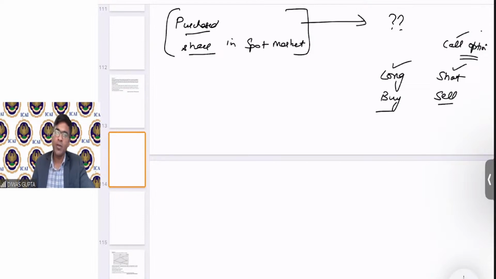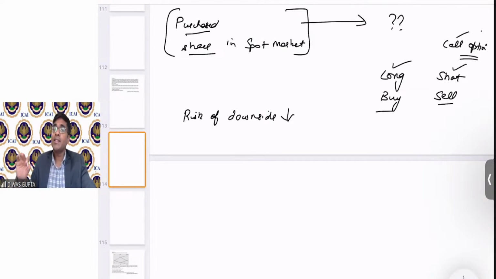Mohammed Abdul, you're right. Perfect. You are facing a risk of downside. Correct? If tomorrow the price goes down, you will lose. Now you have to devise a strategy in options where if the price goes down you gain.